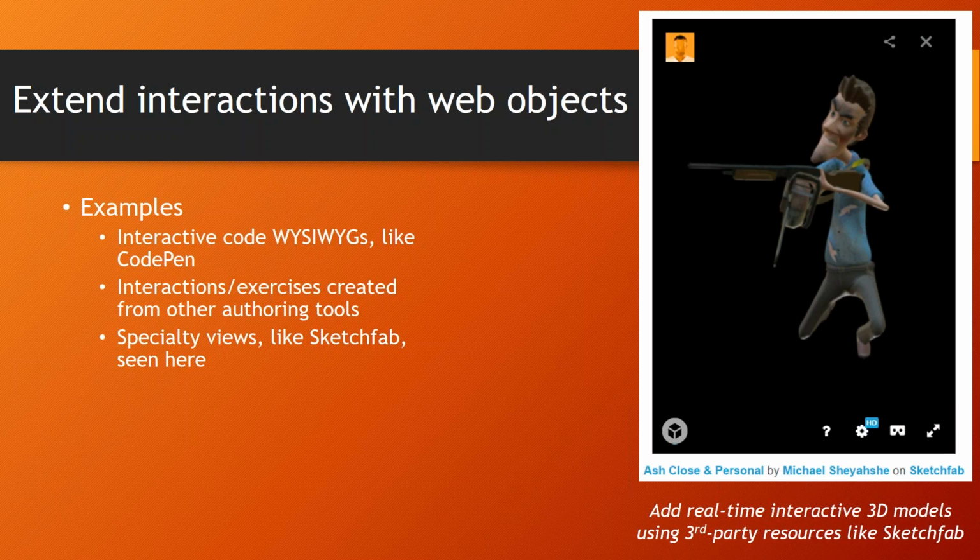Now, some other things you might consider at this point: you could extend your scenarios and content with interactions like CodePen if you're talking about code, or anything else that has a cohesive theme. Even if you had other interactions or drag and drops or what have you from other content, you could bring them into the iSpring content, and I'll show you this example in just a moment.